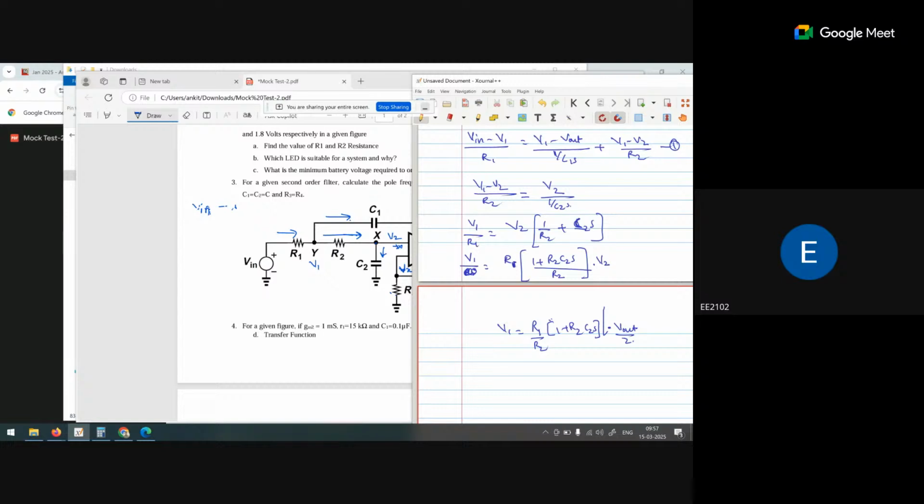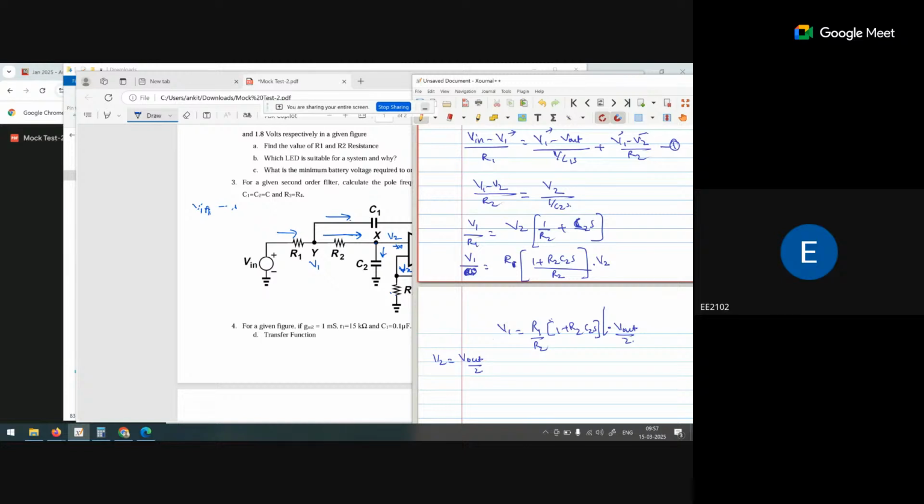So we get V1 in terms of V out. V2 we already calculated in terms of V out, so it is V out by 2. Now, can I solve the first equation? So V1 in terms of V out, V2 in terms of V out, that means this complete equation is in terms of V in and V out.